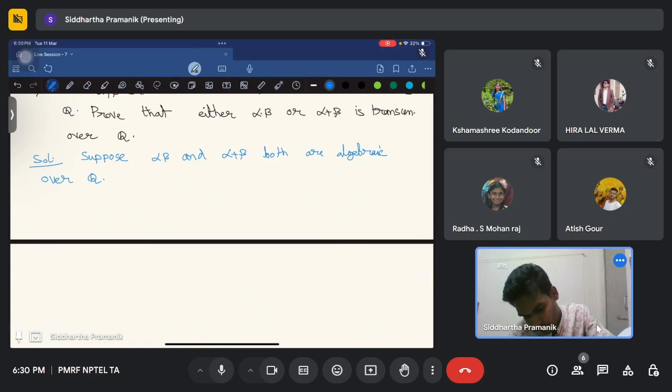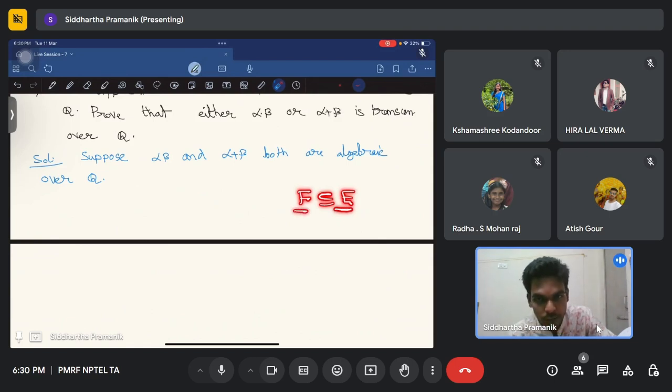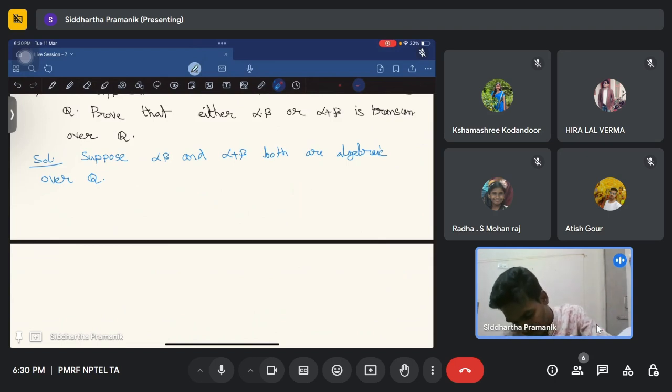We know that if you take a field F and an extension E of it, then all the elements of E which are algebraic over F form a field, right? That is something we have done in the lectures. So this fact we will use.